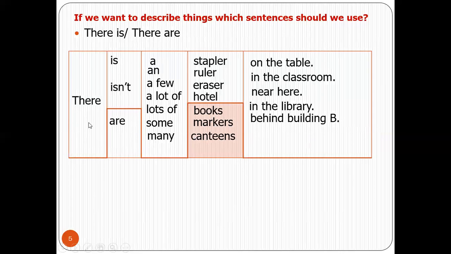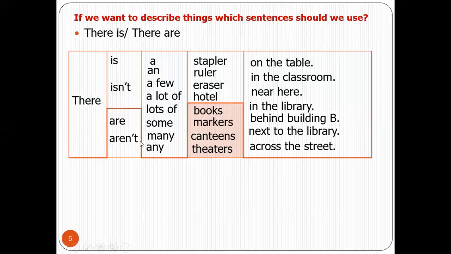How about this one? There are many canteens behind building B. How about negative forms? There aren't any theaters next to the library. Or there aren't any theaters across the street, on the other side of the street.